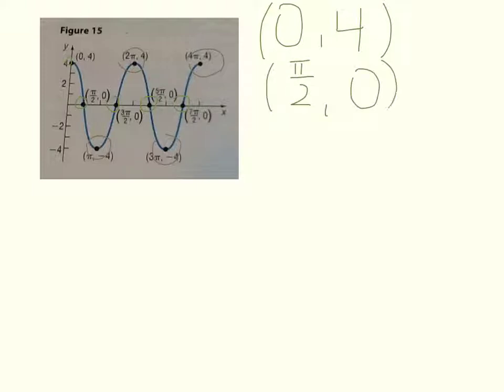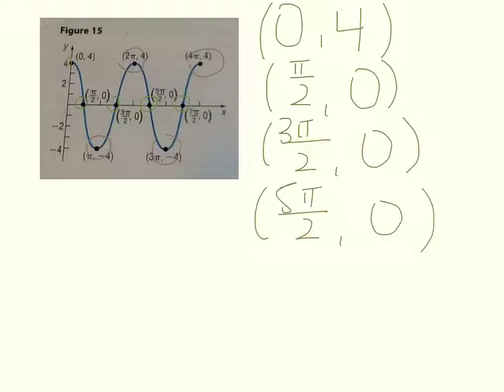So then if we were to list all of those green points, it would be 0, 4, pi over 2, 0, 3 pi over 2, 0, 5 pi over 2, 0, and 7 pi over 2, 0.